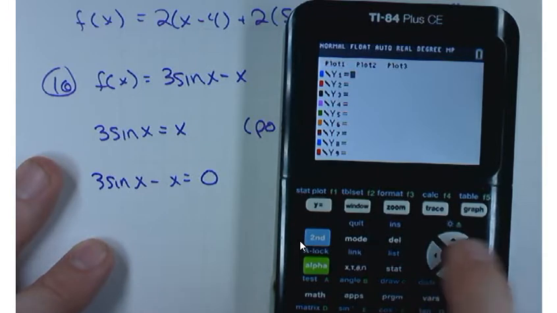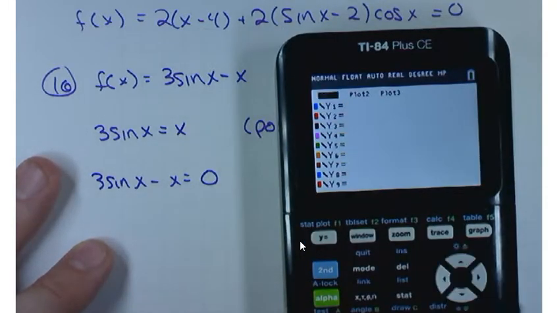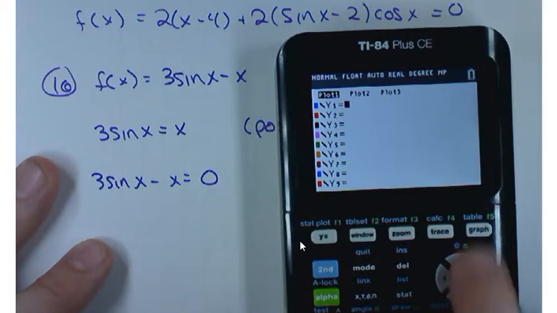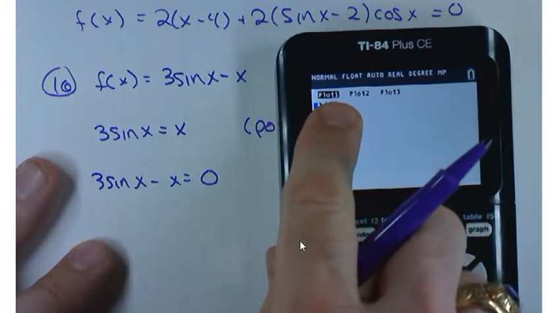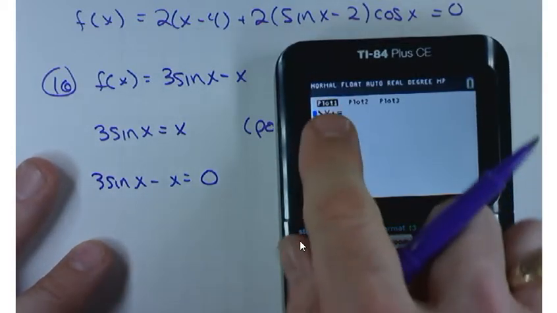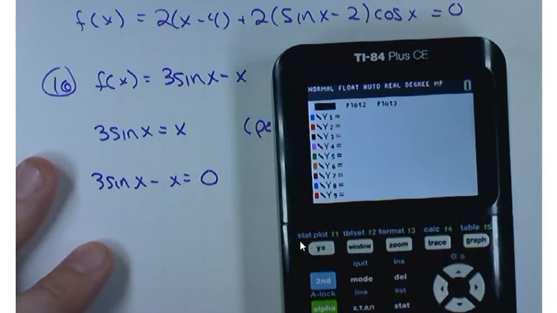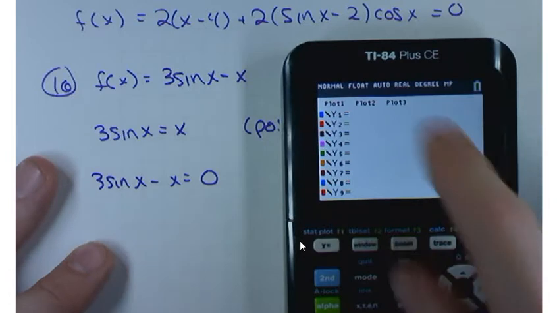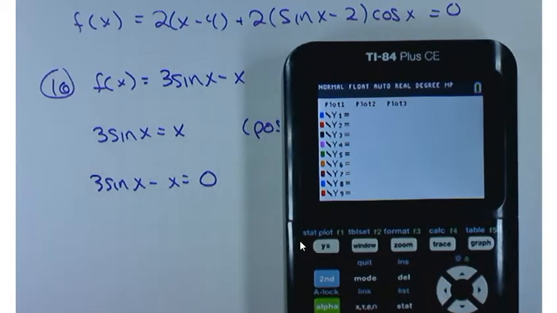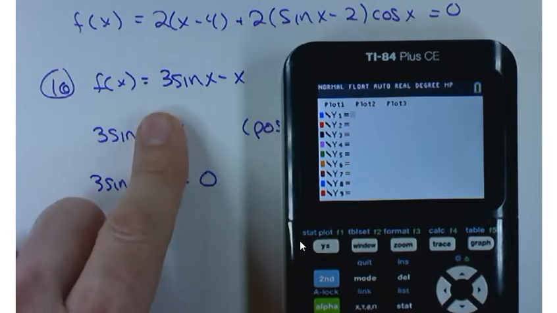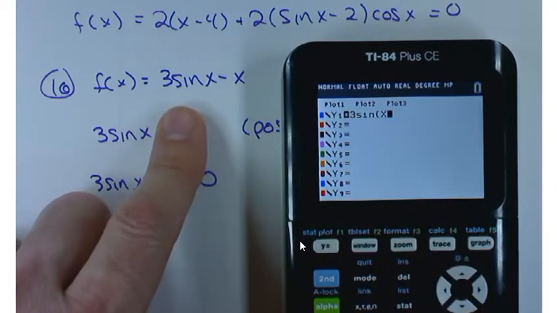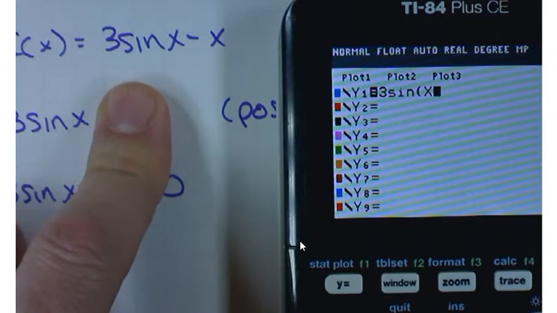By the way, if you ever get an error, your calculator telling you something about dimensions, check and see if your plot accidentally got turned on. Just shut it off. But you shouldn't have these plots turned on until you're taking statistics. So, 3 sine of x, finish that with a right parenthesis, and then minus x.